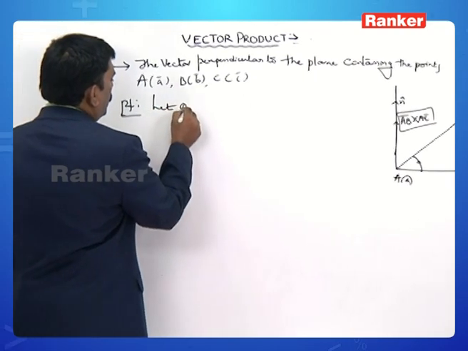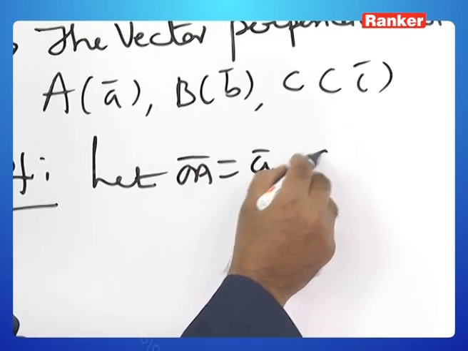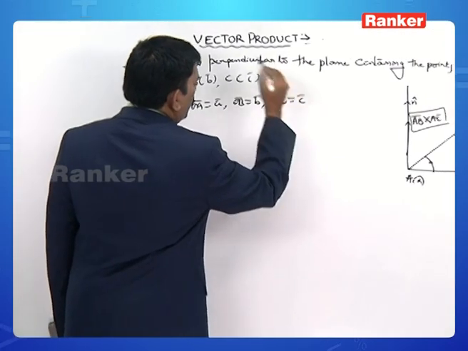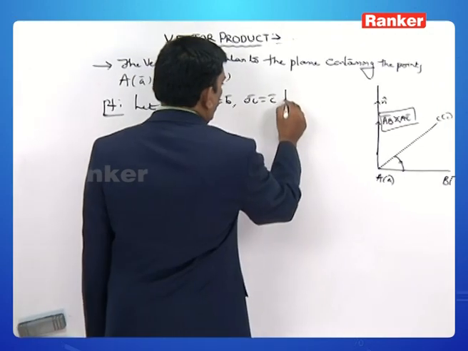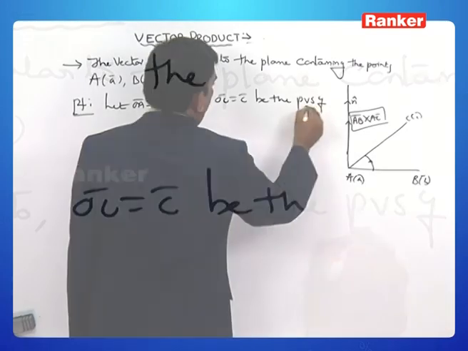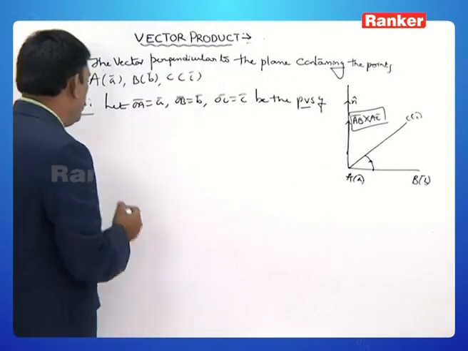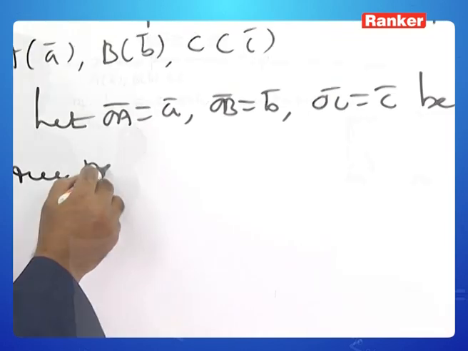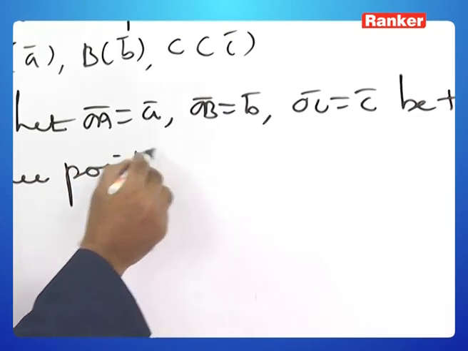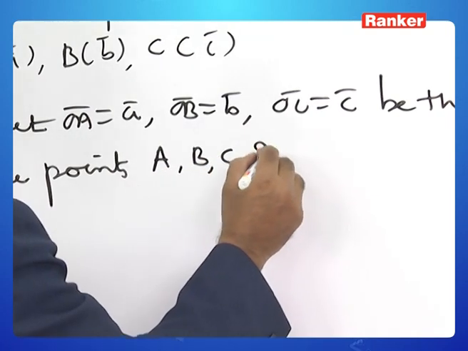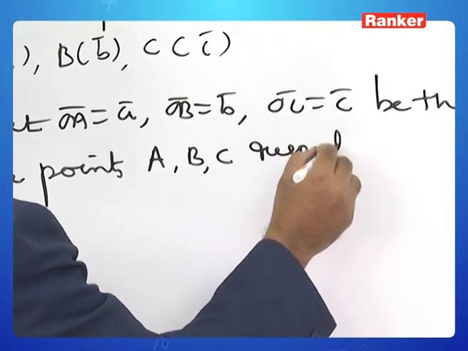Let OA bar is equal to A bar, OB bar is equal to B bar, OC bar is equal to C bar be the position vectors of the 3 points capital A, B, C respectively.